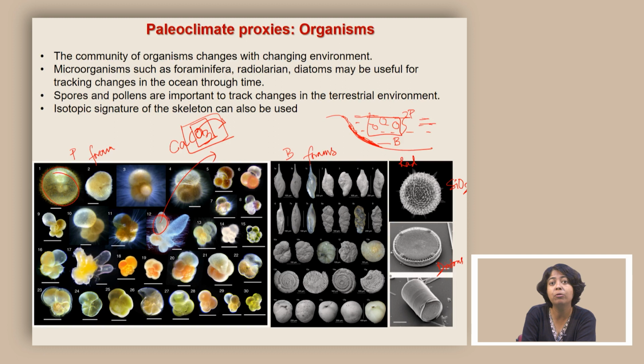That tells you something about the paleoclimate, because certain plants live in certain temperature conditions. If you are finding the signature of, let us say, palm trees in the present day Arctic, that basically means at some point of time the rocks from where you are collecting these spores and pollens were deposited in a condition which was not so cold, because a very cold climate will not support the growth of a plant like palm.